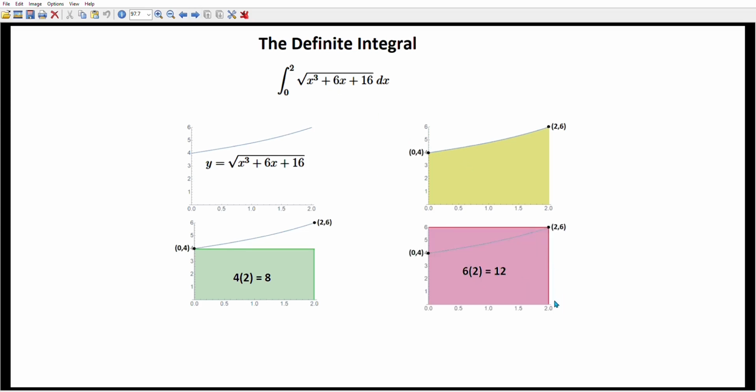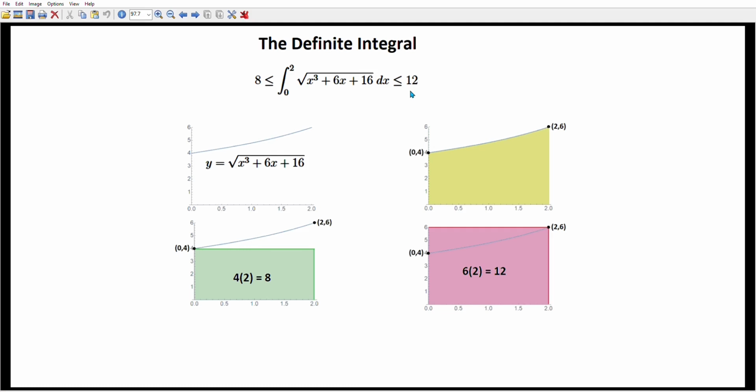We draw a big rectangle using the high point. We can see that this height is 6. The length of the base is 2. That area is 12. And one thing we can say for sure is the integral we care about is bigger than or equal to 8 and less than or equal to 12.